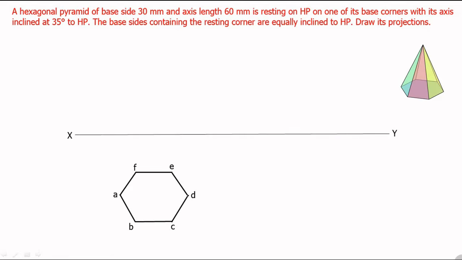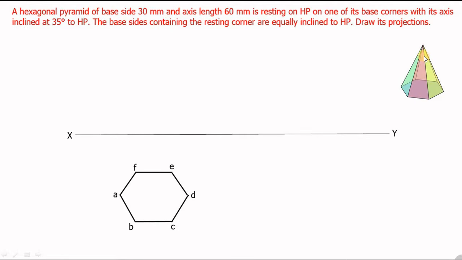When you see the pyramid from the top, this will be a slant edge. You all know what a slant edge is. In a pyramid these are called base edges, the total face is called the base, this slanting line is called the slant edge, and this face is called a triangular face.